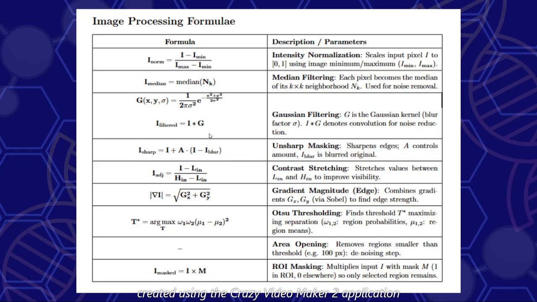This automatically finds the best cutoff point to separate regions by maximizing differences between classes. Area opening. This removes small isolated regions below a size threshold to reduce false positives during segmentation. And the last is image masking, that is region of interest. This applies a binary mask to show only the region of interest in the image, hiding the rest.